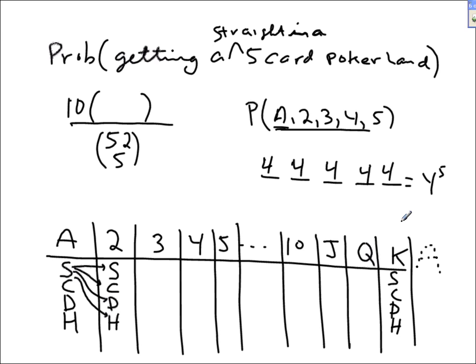You can get the ace of clubs with the 2 of spades, or the 2 of clubs, or the 2 of diamonds, or the 2 of hearts. And then you can do the same thing with the 3s and the 4 and the 5. There's 4 to the 5th different ways of doing that. And that's your answer.